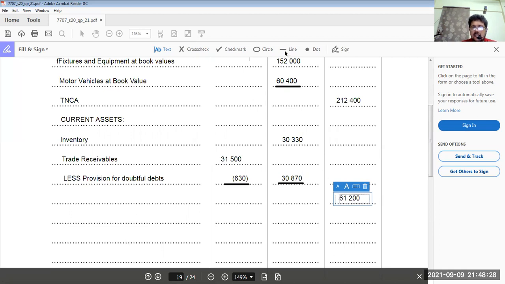And we'll get the totals over here. Total current assets, and now this is our total assets. How much? 61,200 plus 212,400, 273,600. Total assets 273,600.